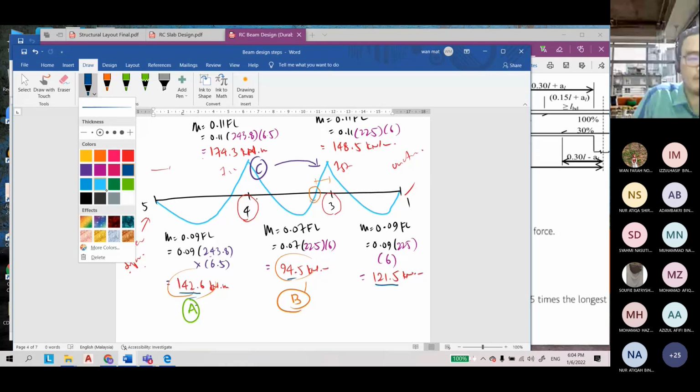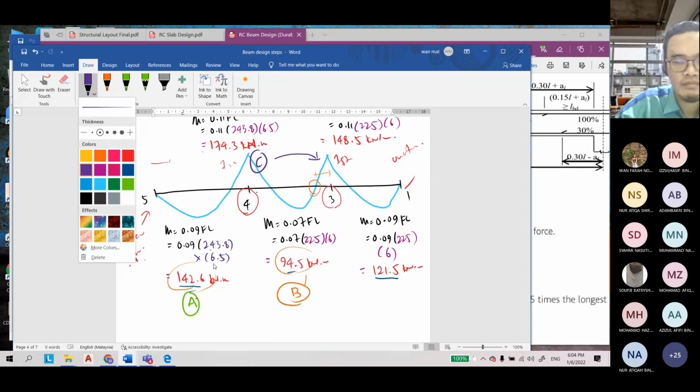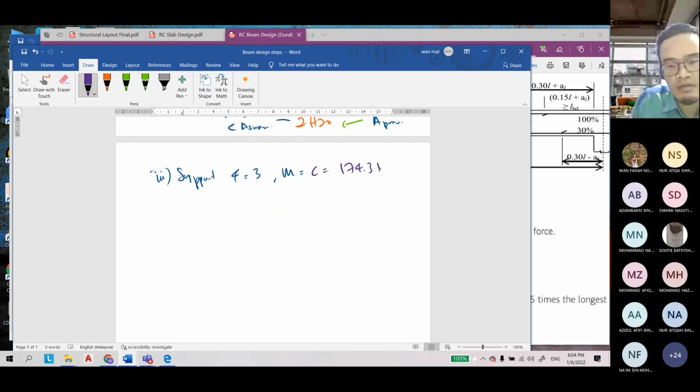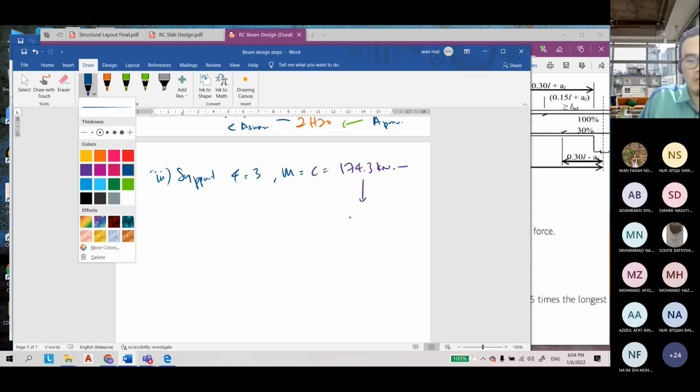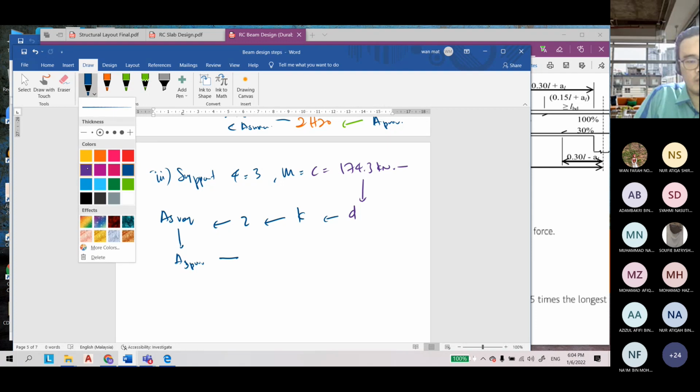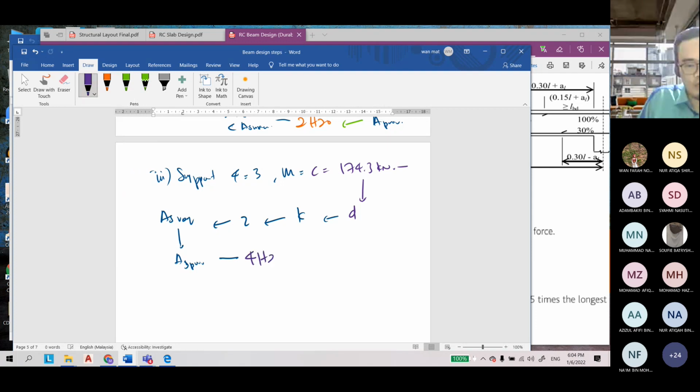Okay. Moment is C is equal to 174.3 kilonewton meter, and then you just proceed with your D, and then with your K, and then proceed with your Z, and then proceed with your AS required, and then with your AS provided, and then let's say here you have 4H20, let's say your reinforcement is 4H20, and then you make sure this is greater than AS minimum and lower than AS maximum.